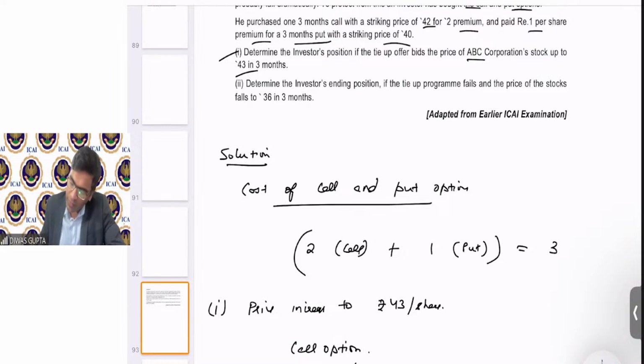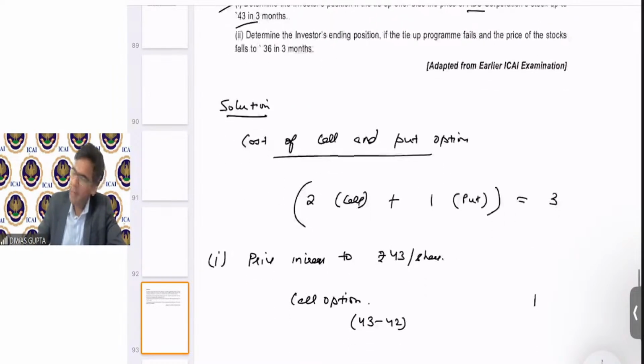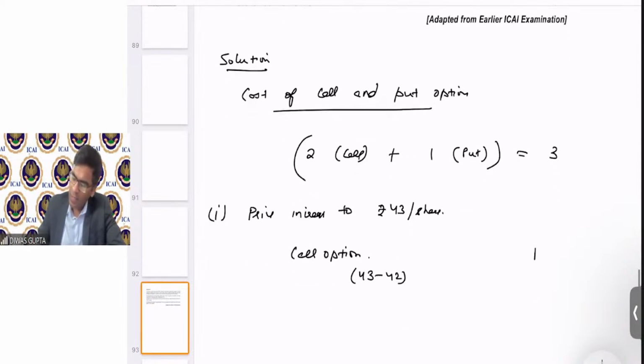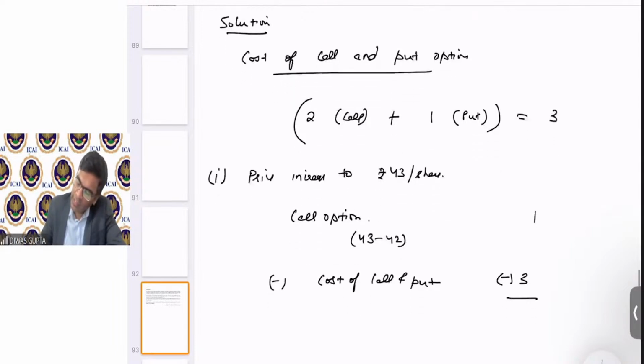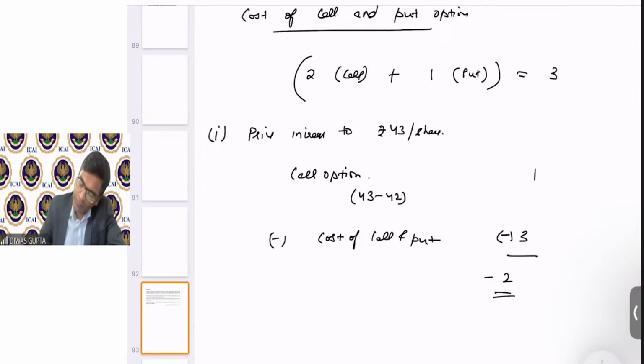So 43 minus 42, 1 rupee, there will be a gain. However, there is a cost of both call and put that we have calculated above, minus 3. So net there will be a loss of 2. Net loss will be minus 2.